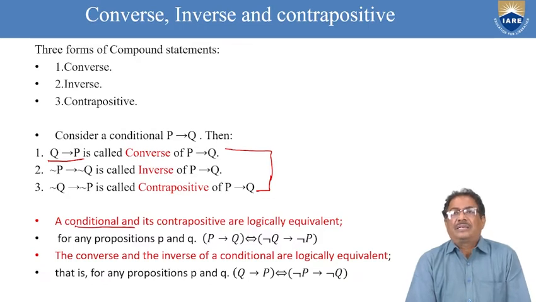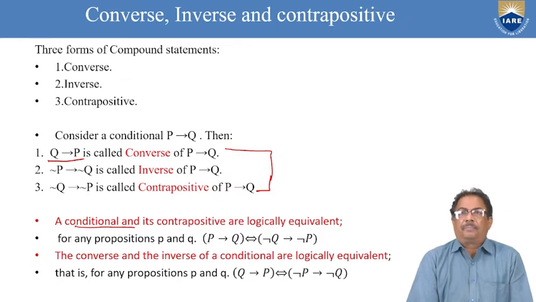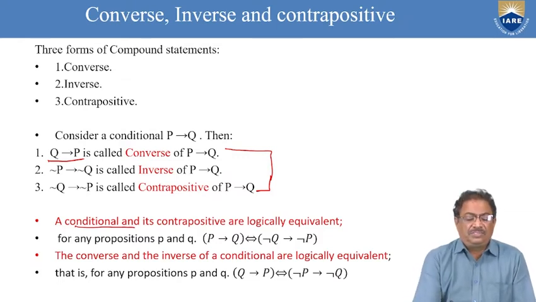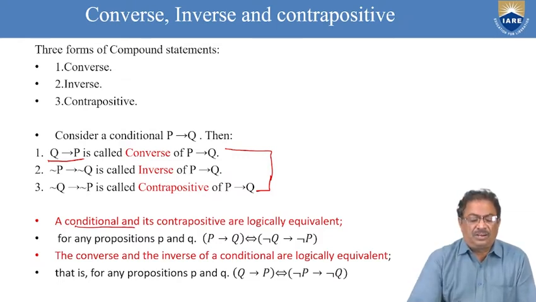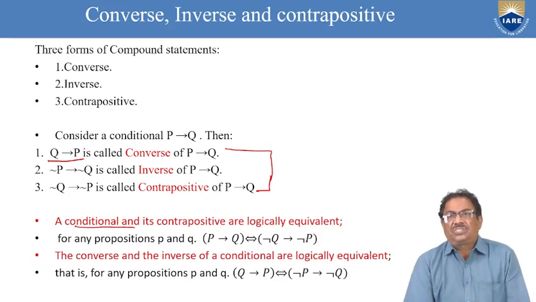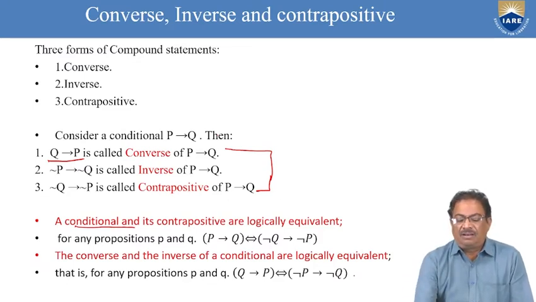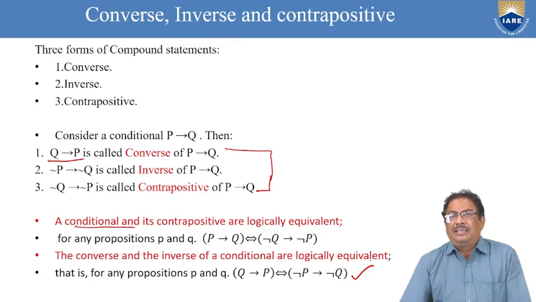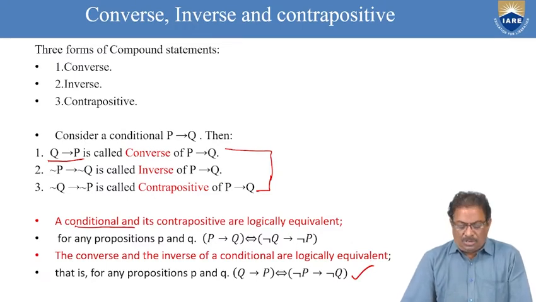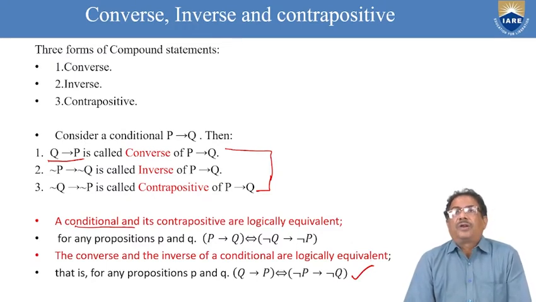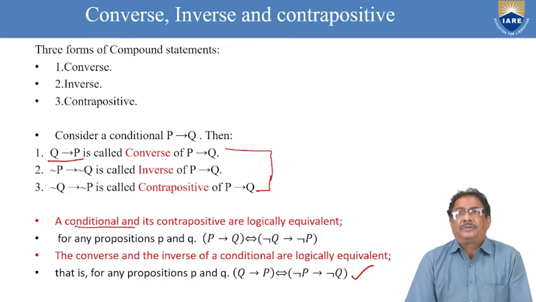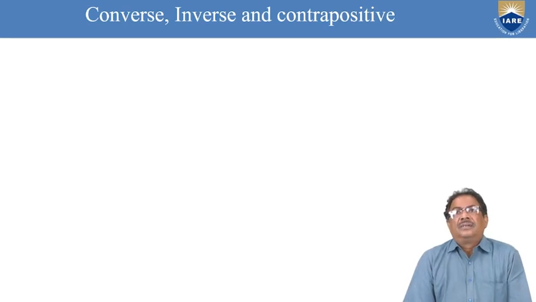That means if you consider the truth table for these, they are the same. And the conditional and the converse, or the inverse, are logically equivalent to each other. So now we are going to concentrate on some problems related to these concepts.